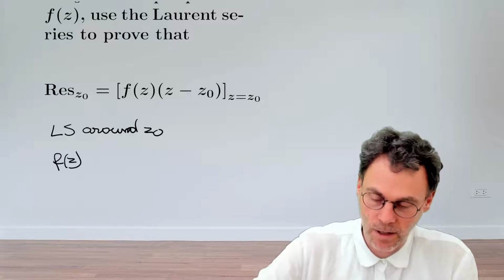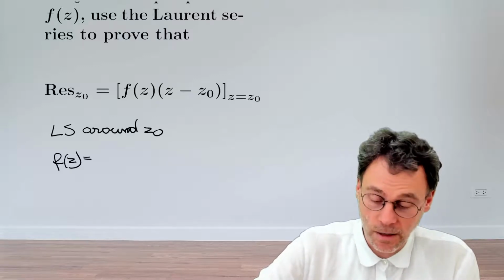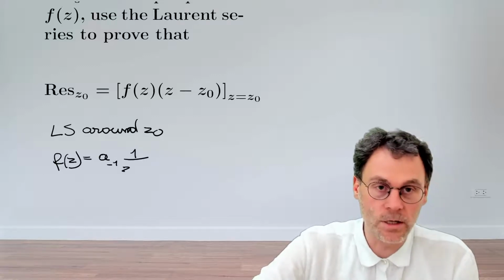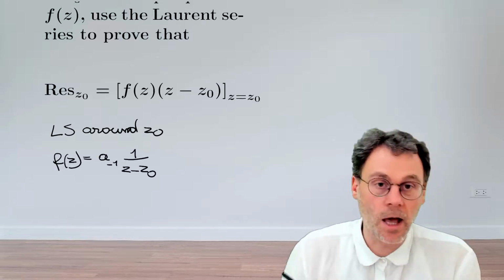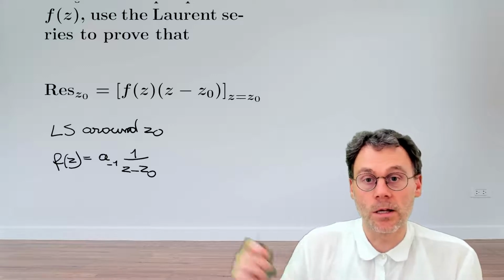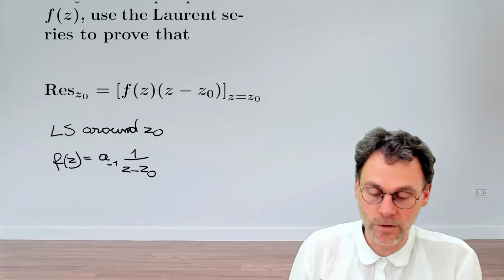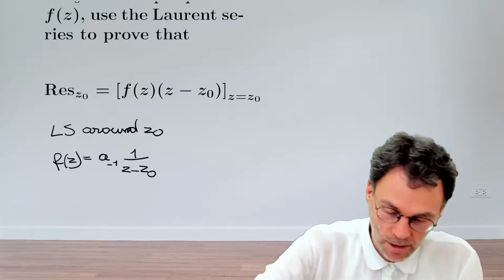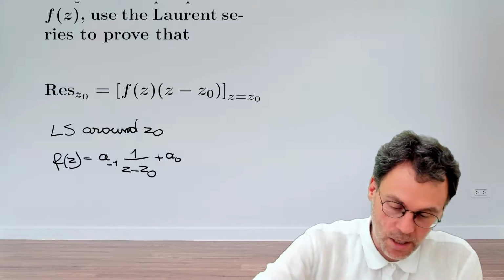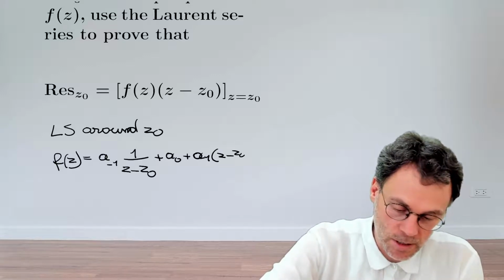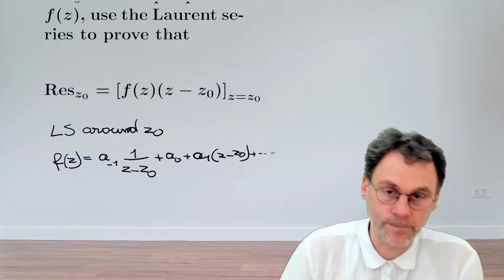We have f of z is, and then the first term that will appear is a minus 1 over z minus z naught. And this is the first term that will appear simply because we have a single pole. Otherwise, we would have more negative powers of z here, but that's not the case. And then the next one is a naught, and then we will have a 1 times z minus z naught, and so on and so forth.